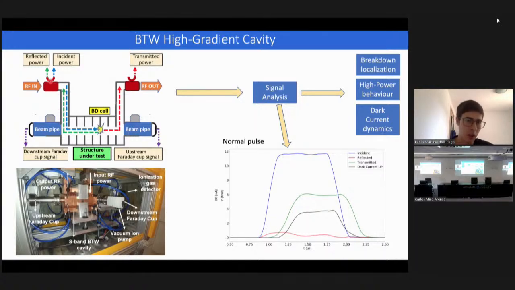And with these devices here, we can measure the incident, the reflected, and the transmitted power. And with this signal analysis, we can study, for example, the breakdown localization, the high power behavior, and the dark current, which are these electrons that are being emitted inside the cavity, and the dynamics of these electrons. And this is an example of a normal pulse, where we have the incident, the transmitted, and the reflected power, and here is the pulse of dark current electrons.